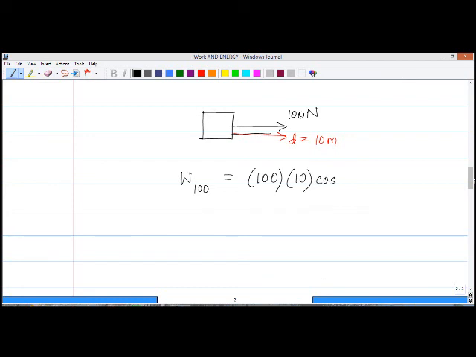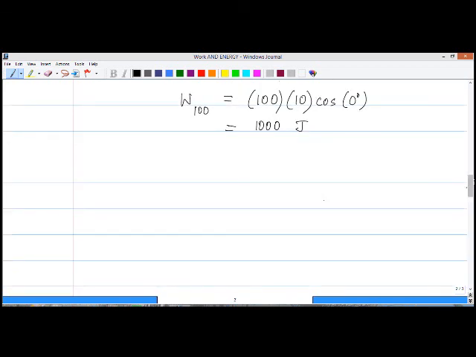Now, when the force is pointing in the same direction as the displacement, theta is simply equal to 0 degrees. And when we compute this, we end up getting 1000 joules. So that's the unit of work. Okay, so we have one answer here.